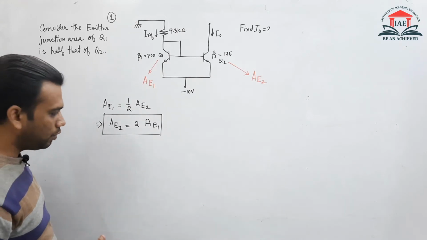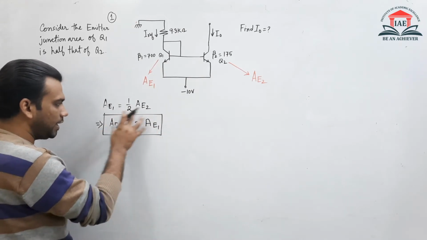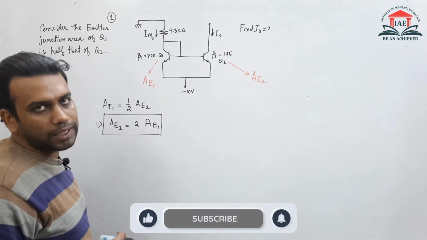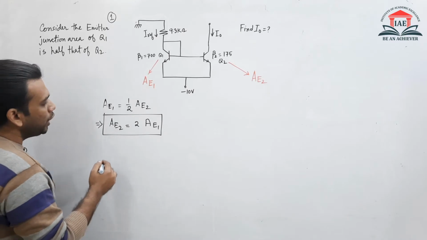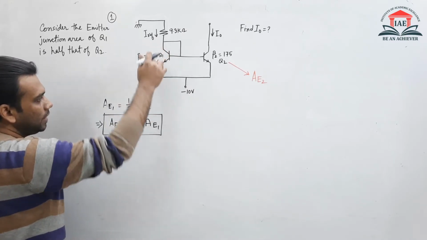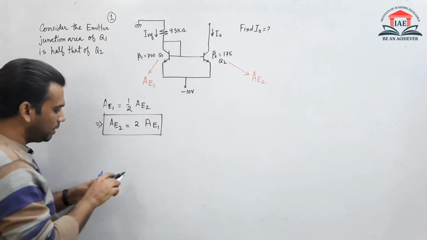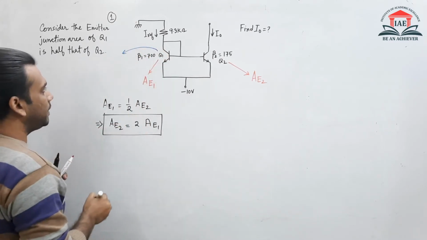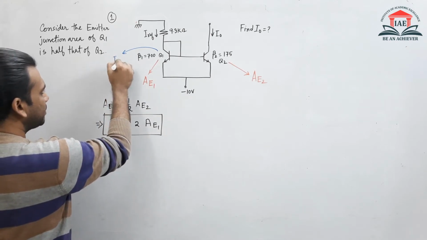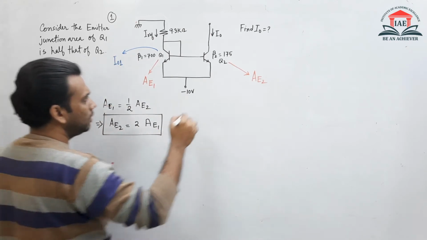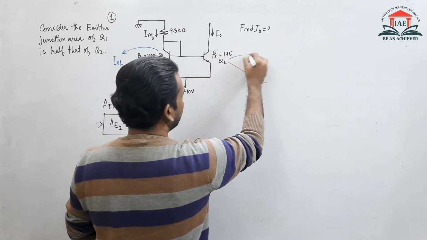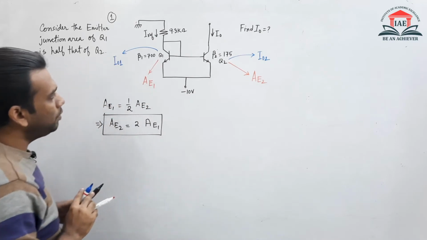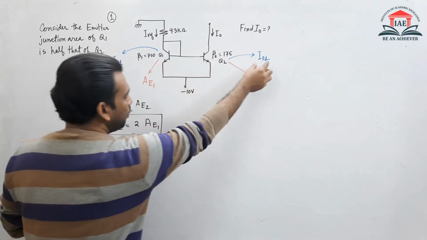Now we also know that the emitter junction area determines the reverse saturation current of the transistors. So if the Q1 transistor has a reverse saturation current, let us assume that it is IO1, and the reverse saturation current for Q2 is IO2. What will be the relation between IO1 and IO2?